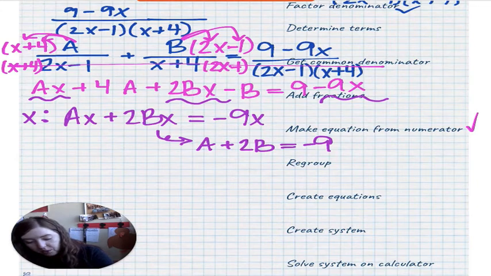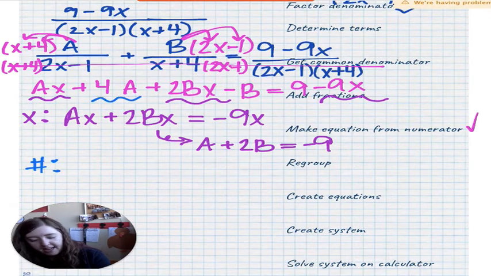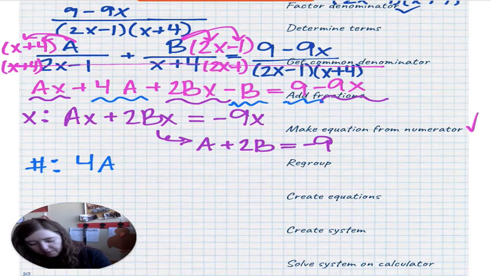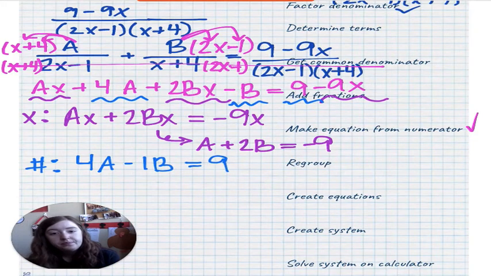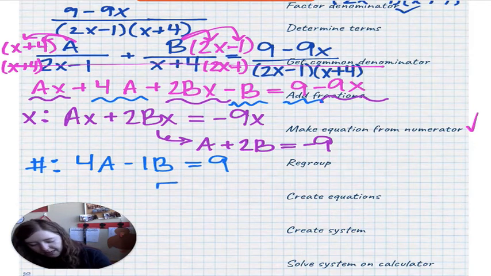Then we'll make an equation out of just our numbers. So we have a 4a, a negative 1b, and a 9. So we have 4a minus 1b equals 9. So let's make an augmented matrix out of this.